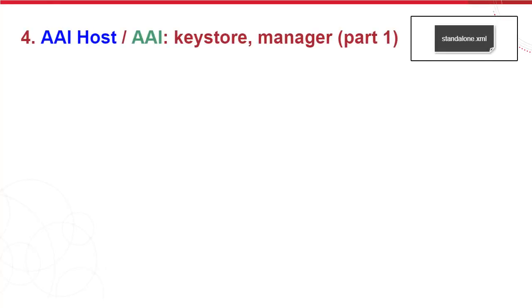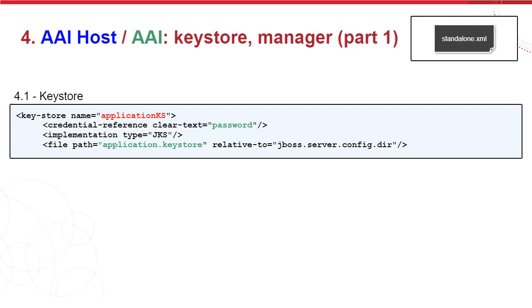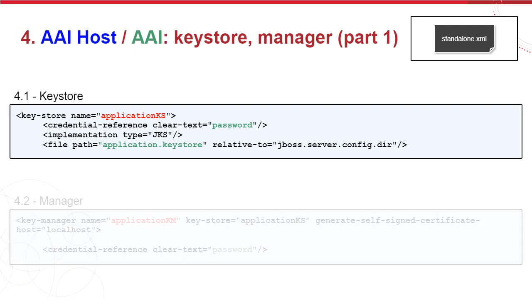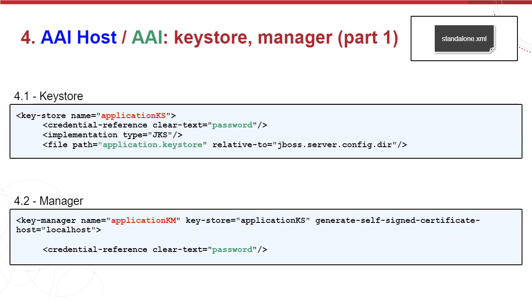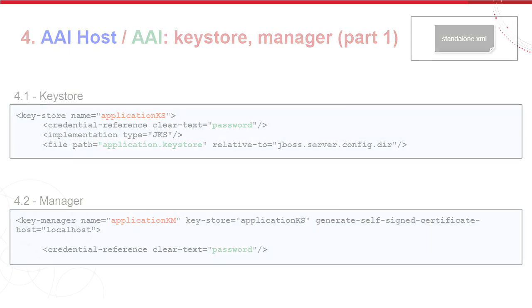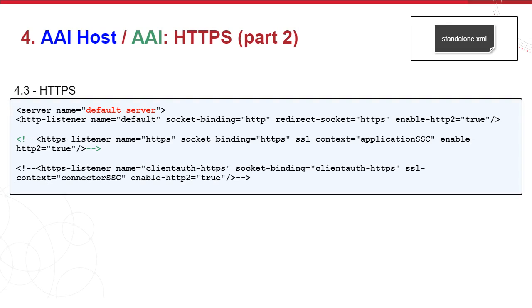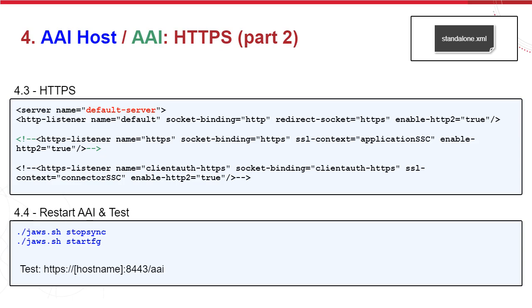In this next step, we update standalone.xml. We set the AAI key store and password, and the matching key store manager. We also enable HTTPS for AAI. Then we restart AAI.